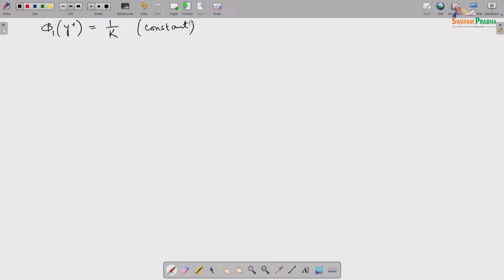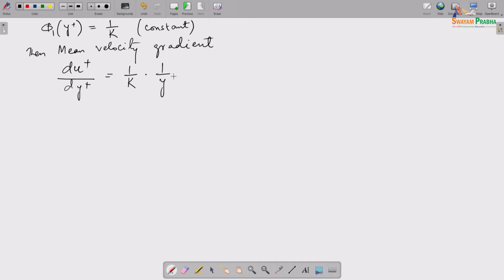Then the mean velocity gradient, we integrate.